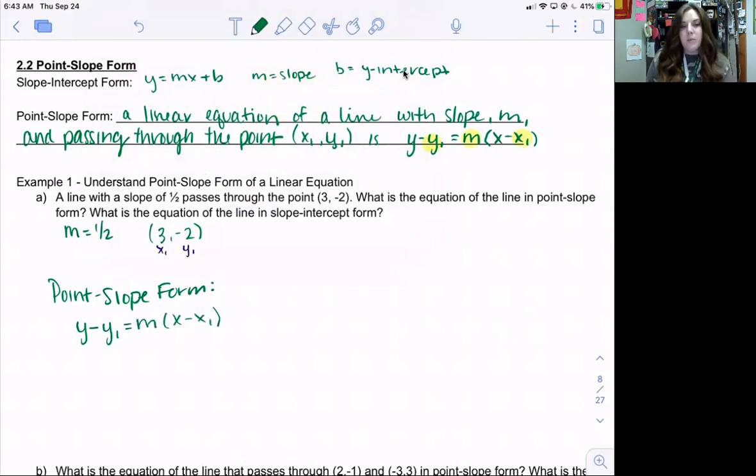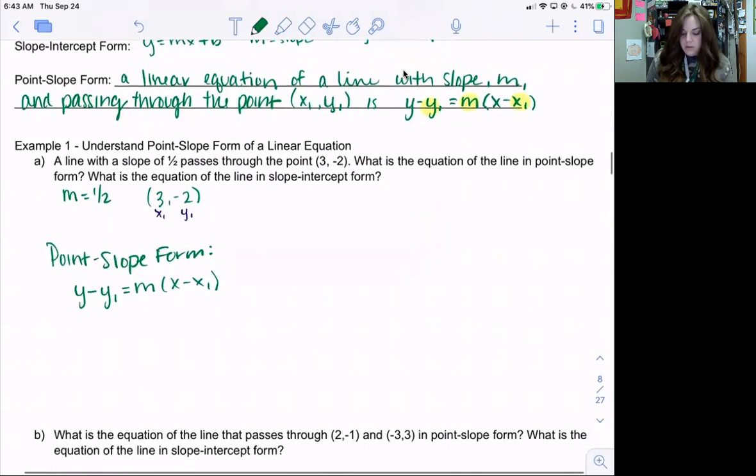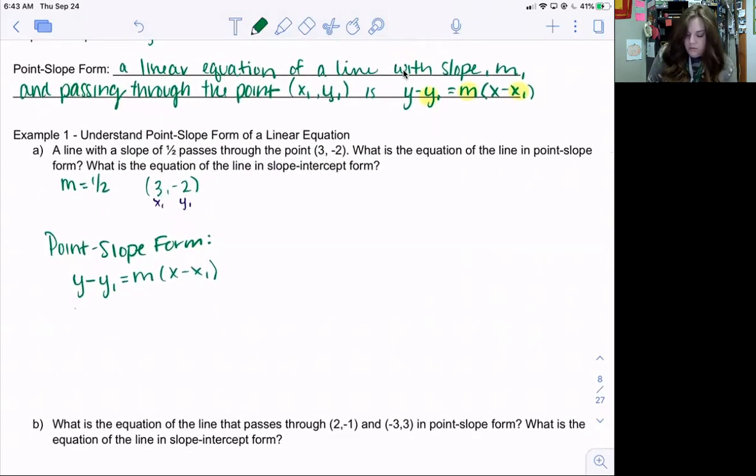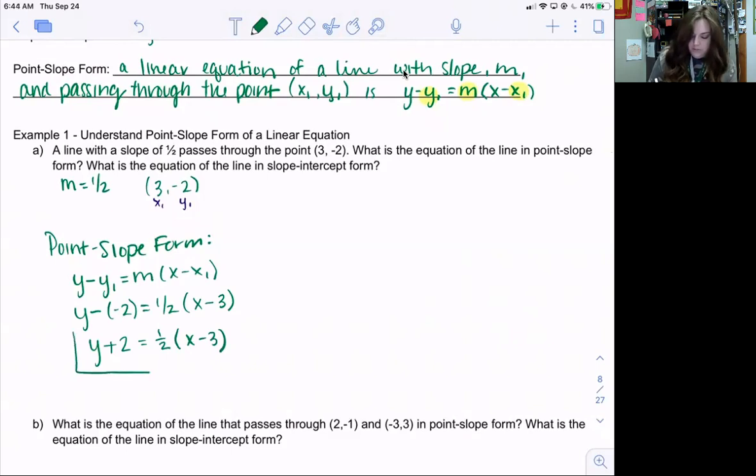We're only going to plug in what we know, okay? So we know the y1 is -2. The slope is 1/2, x minus 3, which is our x1. And then we're going to simplify. So two negatives make a positive, so we can rewrite this as y plus 2 equals 1/2 times the quantity x minus 3. And that is point slope form.